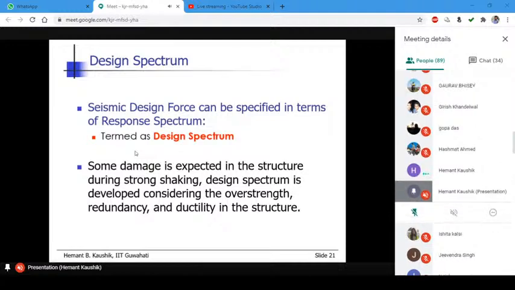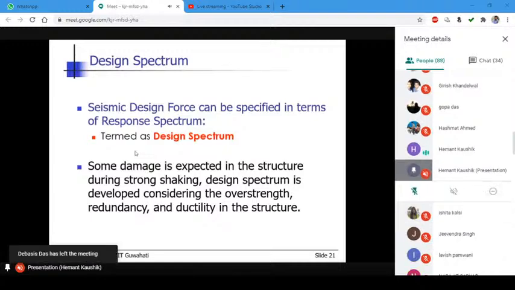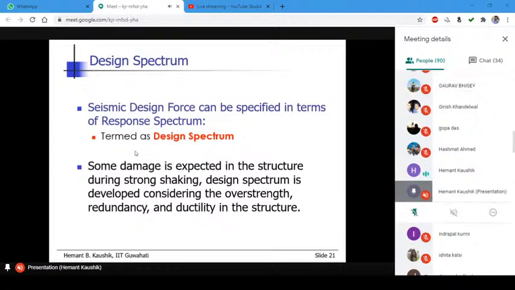That gives you only the maximum force for that ground motion. Now you already know the seismic design philosophy, that some damage is expected in the structure during strong shaking. So the design spectrum is developed considering the overstrength, considering the redundancy, and considering the ductility in the structure. So now you can imagine what all goes into developing the design spectrum. Why it has to be regular, it has to be smoothened.